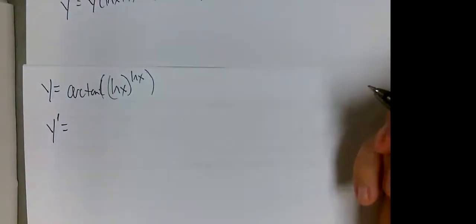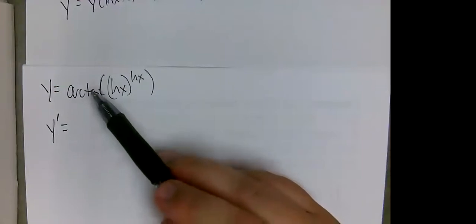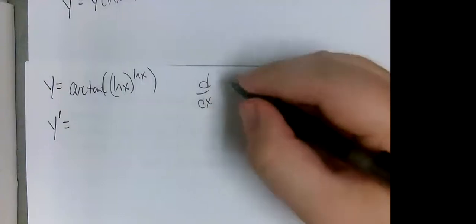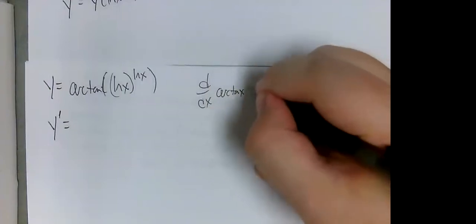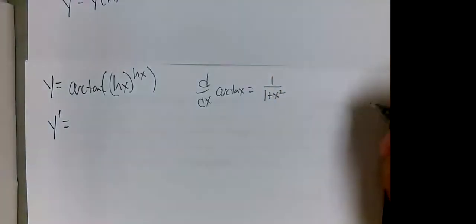Okay, so we're definitely going to need to use the chain rule here. So the arctangent is our outside function. Now, among all of the inverse trig functions, the one I would recommend you know the derivative of, or be most likely to know the derivative of, is arctan of x. This is 1 over 1 plus x squared.